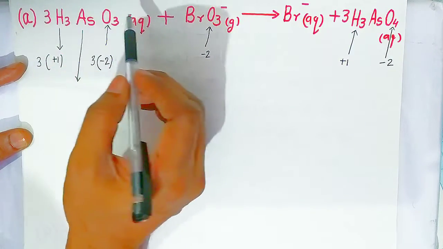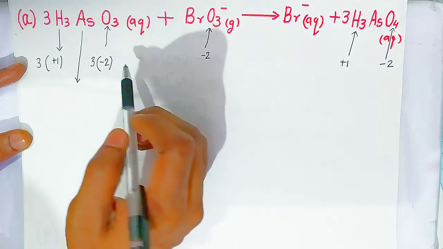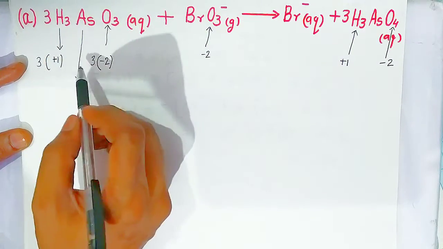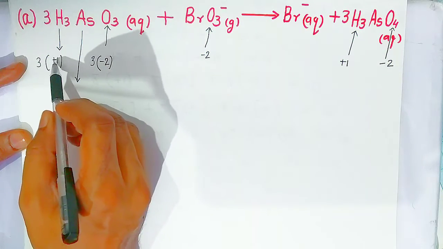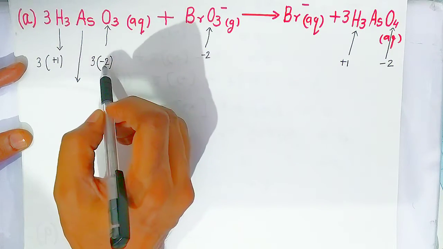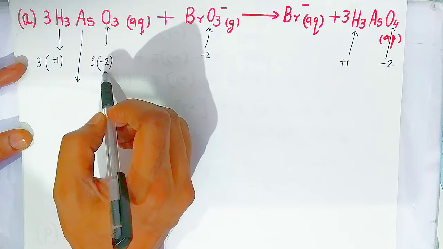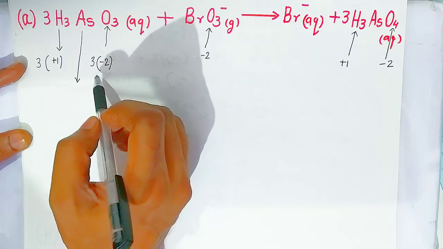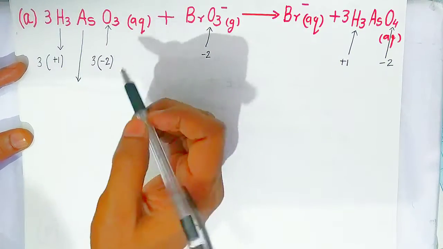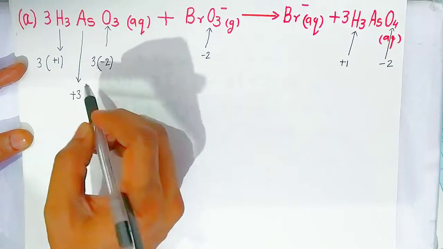Because there is no charge, the net charge on this molecule will be 0. To find the arsenic oxidation number: 3 multiplied by +1 is +3, and 3 multiplied by -2 is -6. +3 and -6 is -3. When -3 goes to the other side, it becomes +3. So +3 is the oxidation state of arsenic.